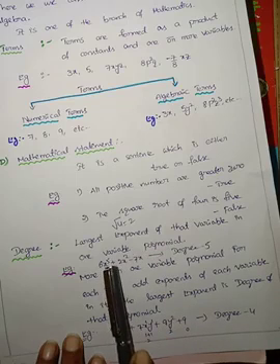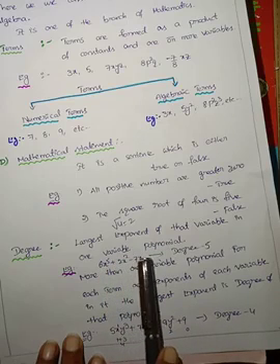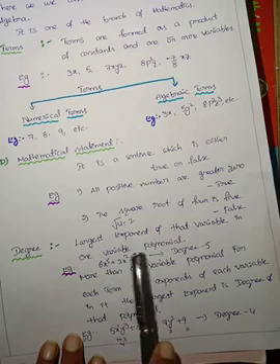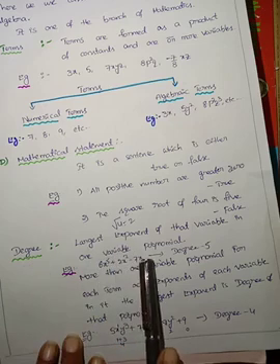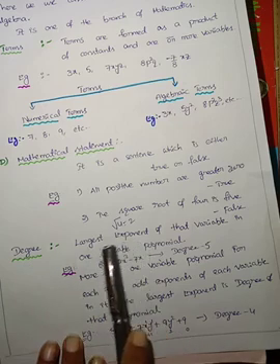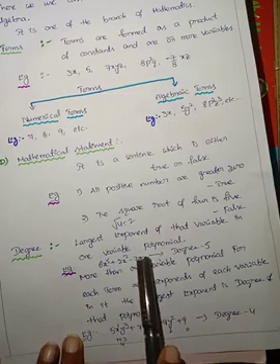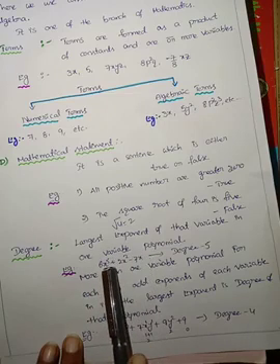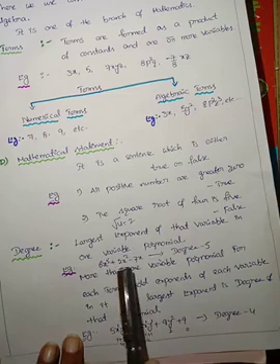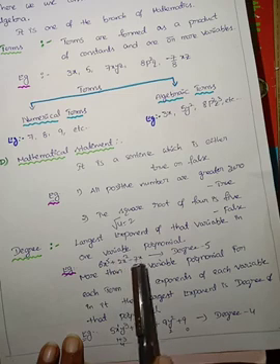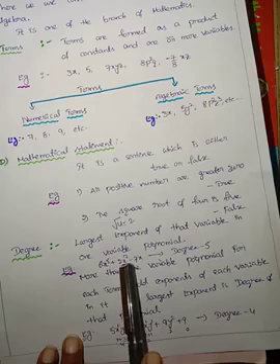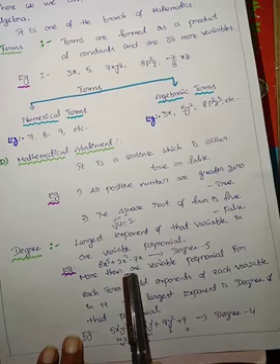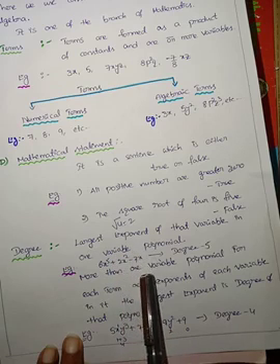There is an example, 6x power 5 plus 2x square minus 7x. This is an algebraic expression. How many terms are here? 6x power 5 is one term, 2x square is one term, 7x is one term. Here are three terms. What is the exponent of x in 6x power 5? It is 5. In 2x square? 2. In 7x? 1. So the degree of 6x power 5 is 5, the degree of 2x square is 2, and the degree of 7x is 1.